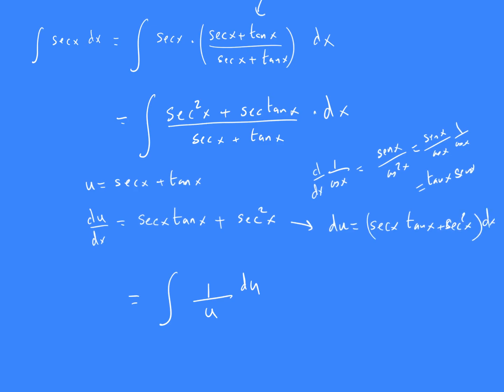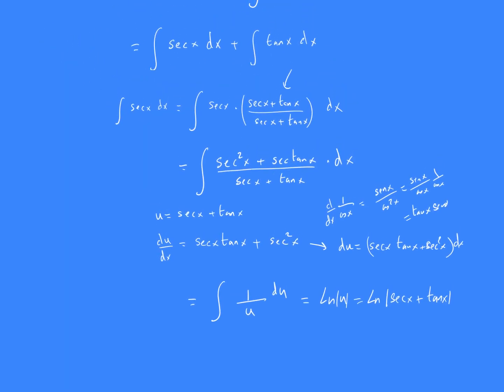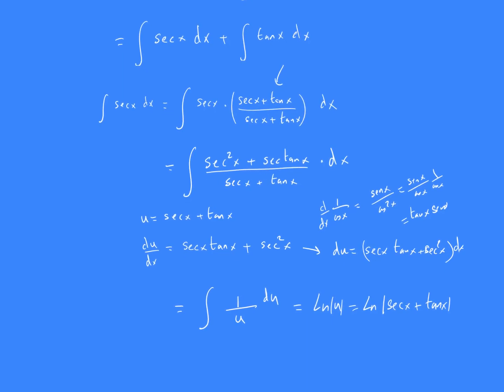This is du. So the integral of secant x is the natural log of u. And the natural log of u is the natural log of secant x plus tangent x. So, as a result, we have found the first integral, the integral of secant x dx.